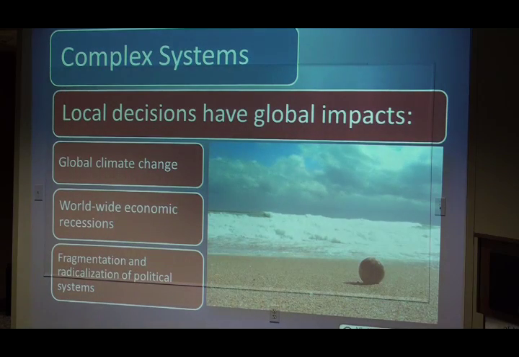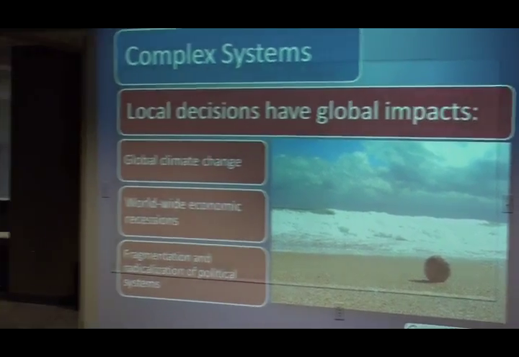And with complex systems, decisions that we make locally can affect everyone globally. For example, climate change, worldwide recession, political systems. So I'm a great believer in children, students, engaging in complex problems where they do have to deal with unexpected outcomes and insufficient information, and looking at how we can deal with the elements in the complex system.